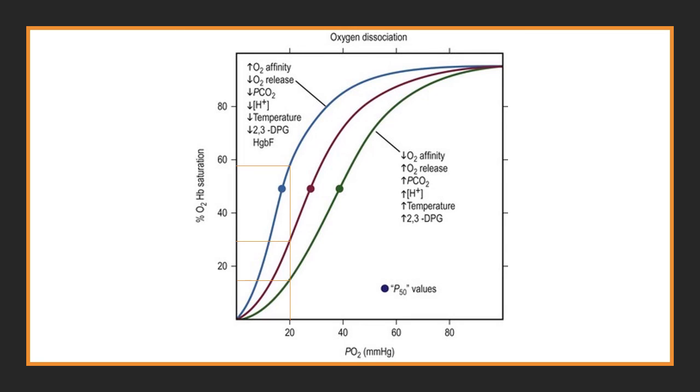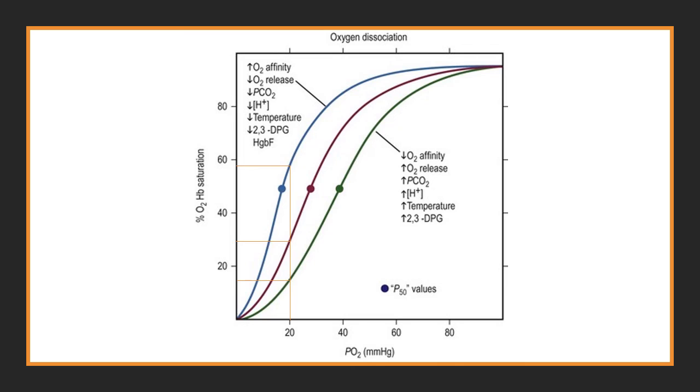In this curve, we're still seeing the saturation percent of O2 on hemoglobin versus the partial pressure of oxygen in millimeters of mercury. But we can also see the Bohr effect and the Haldane effect. We can see these effects to the affinity of oxygen to hemoglobin and what can change that. We also see how much the saturation of O2 to hemoglobin can change based on these shifts.